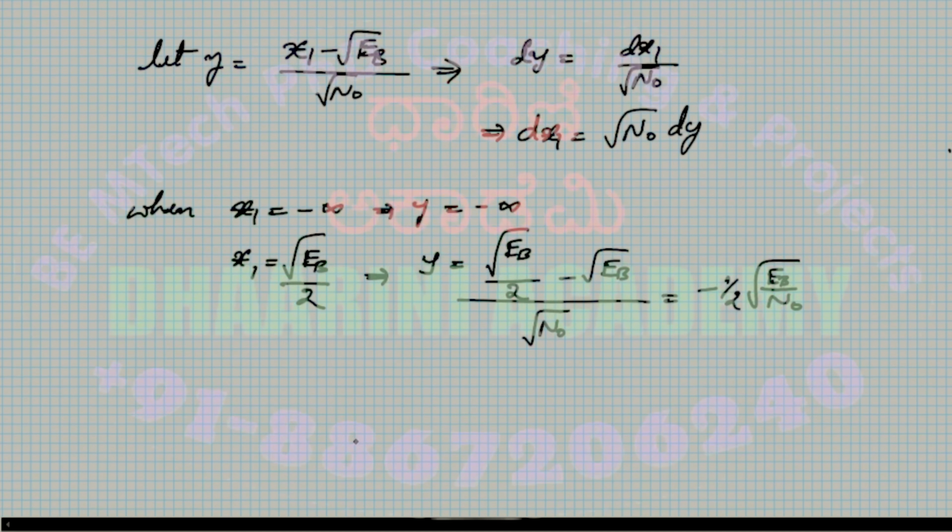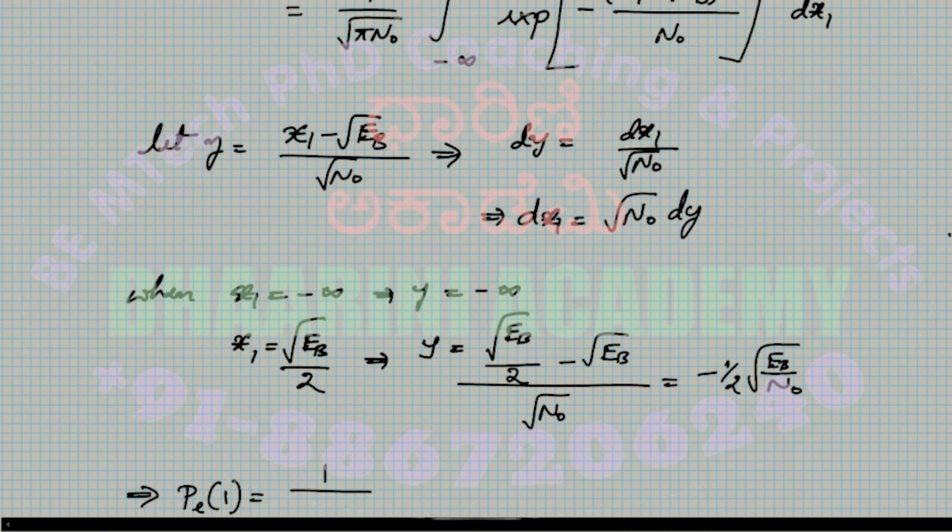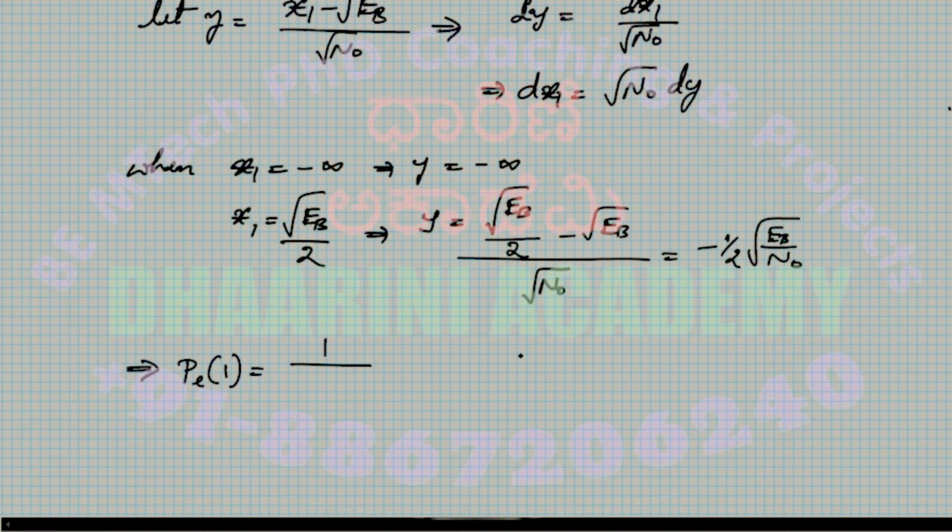So now we'll make the changes. What we were calculating is the probability of error of 1, that is equal to, so I have to substitute like this. There is already 1 divided by, what was the constant outside? Root of pi N naught. 1 divided by square root of pi into N naught.